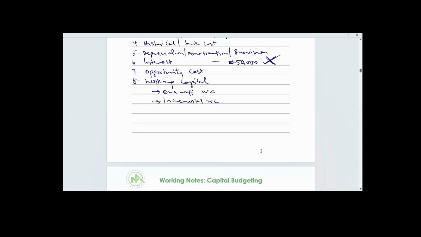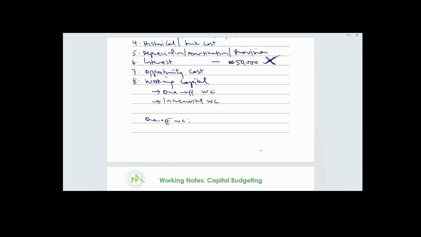So where there is a one-off working capital, then we have incremental working capital. For a one-off working capital, working capital should be treated as cash outflow in the year before the year of occurrence and recovered fully at the end of the useful life.